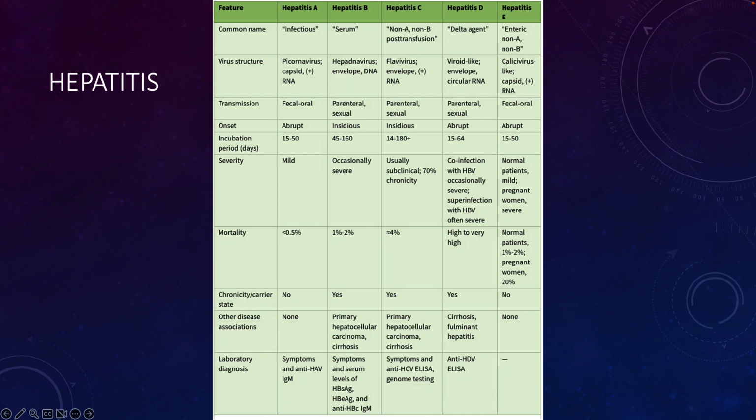If we look at hepatitis A, the mortality rate is under 5%. In normal patients with hepatitis E, it's 1 to 2%. So again, it's not a huge mortality, but for pregnant women, definitely, and it is significantly higher than that of hepatitis A.